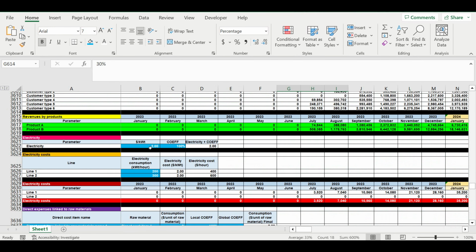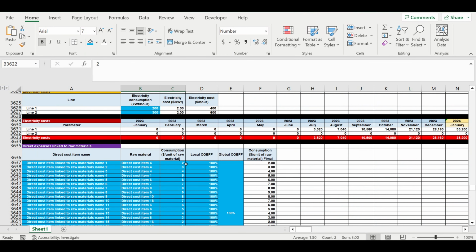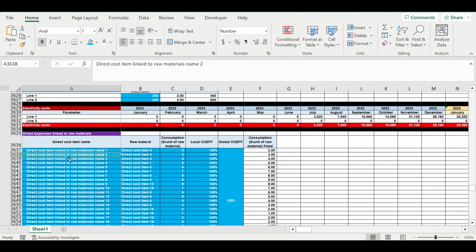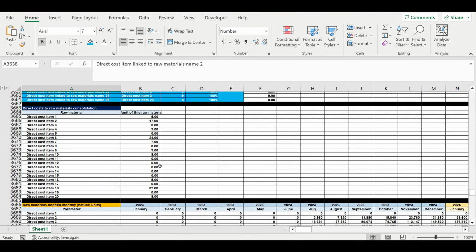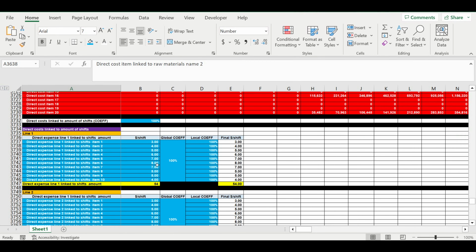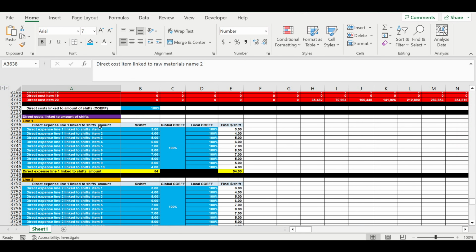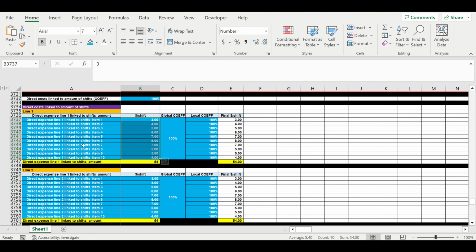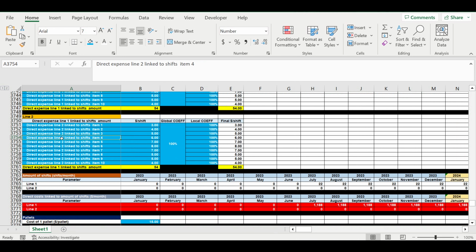Then we move to electricity costs. Then we move to direct expenses linked to the amount of raw materials which participate in the manufacturing process. Then we move to direct costs linked to the amount of shifts that we have monthly for line number 1 and line number 2.